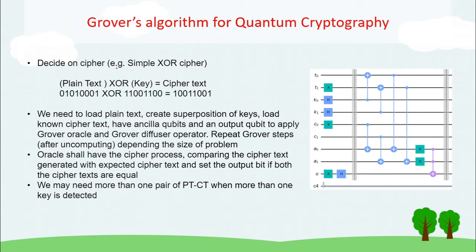So in order to make things simple, I'm using a simple XOR cipher, meaning we are having a plain text, we are having a key, we need to generate ciphertext. So that is the typical process of encipherment, right? So what we are doing here is simple XORing to get the ciphertext.